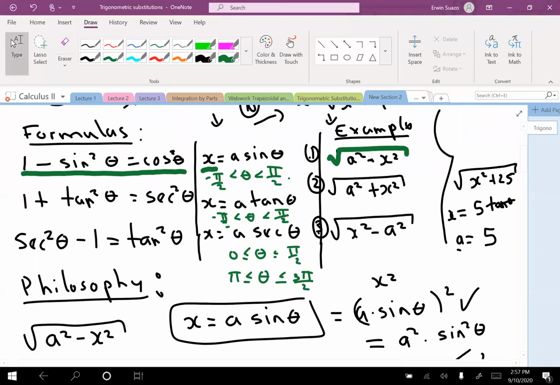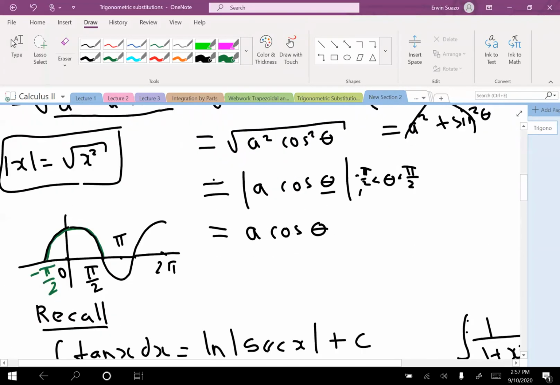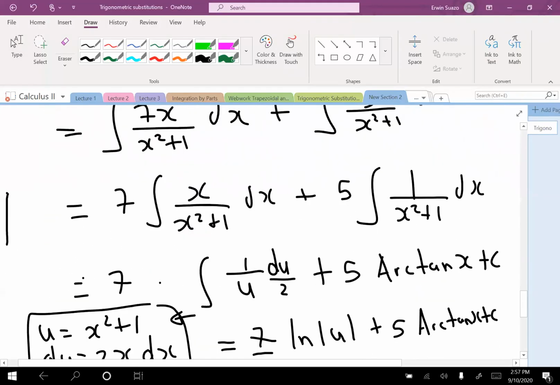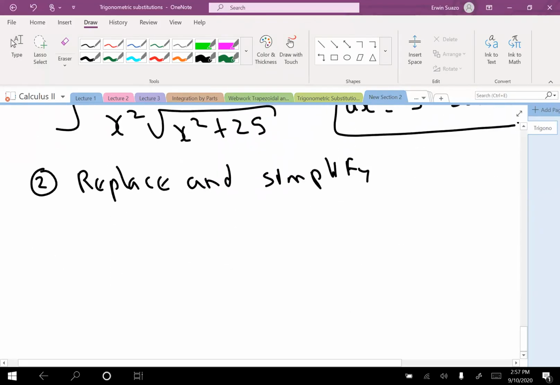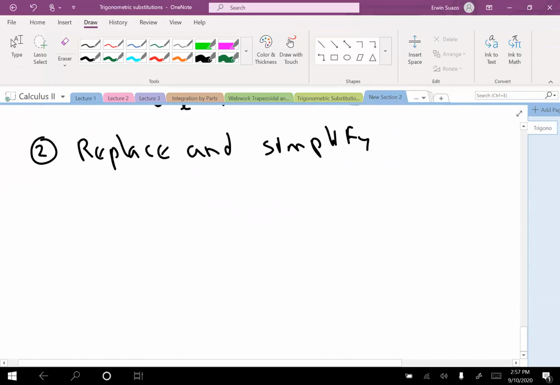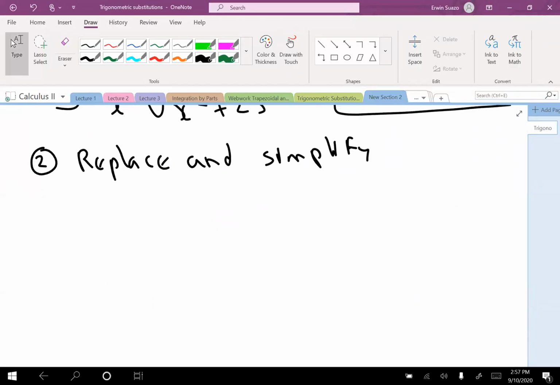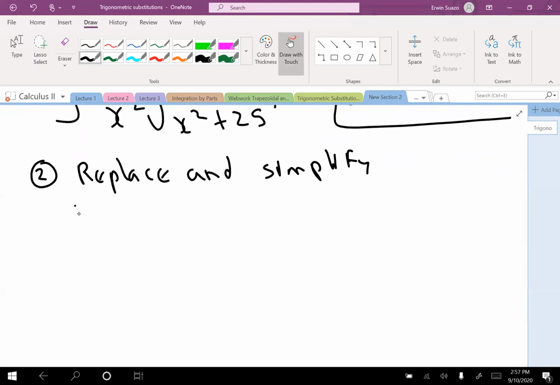We need to use 1 plus tangent squared theta equals secant squared theta.